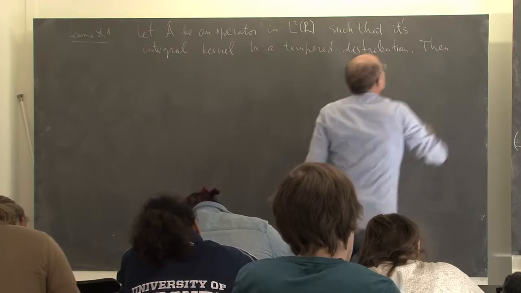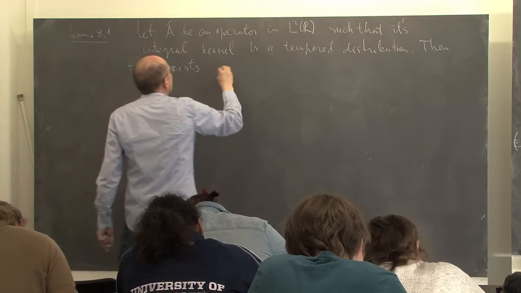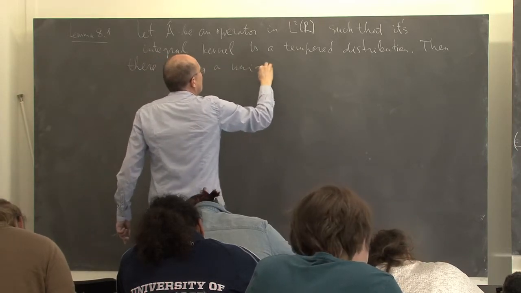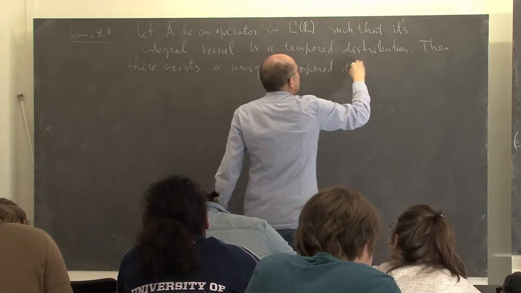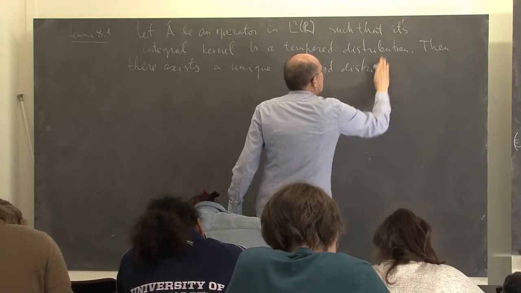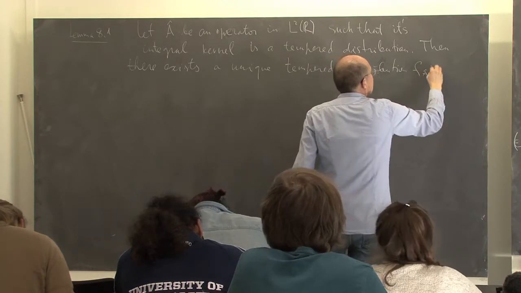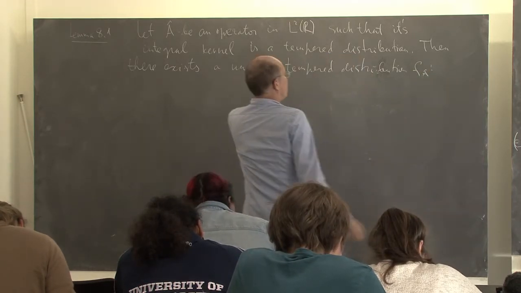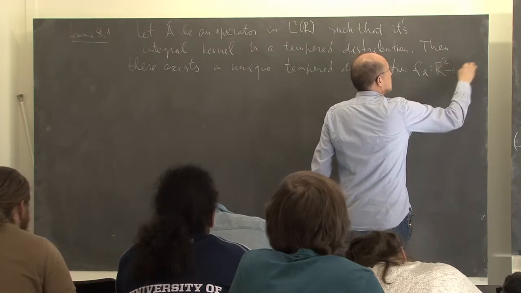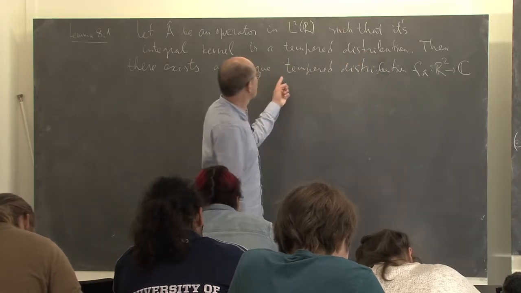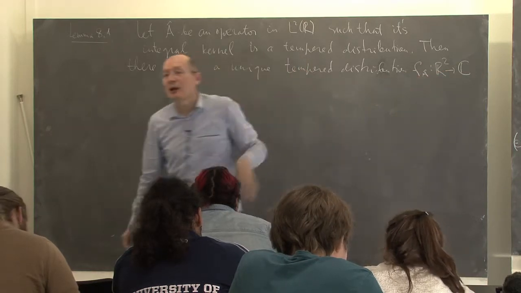Then there exists a unique tempered distribution f sub A hat acting from R2 to C. So I say by words a tempered distribution, but write it like a map, as we do usually, right?